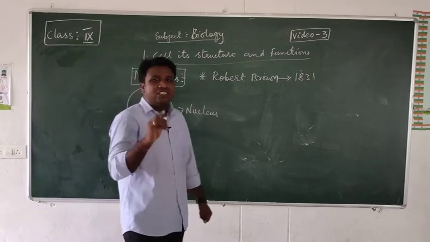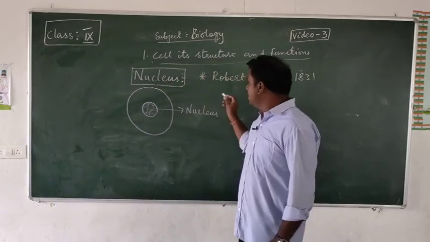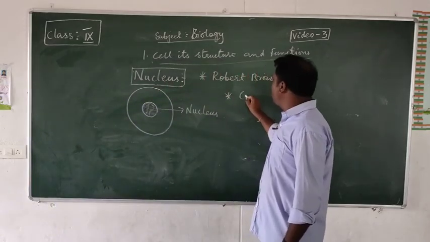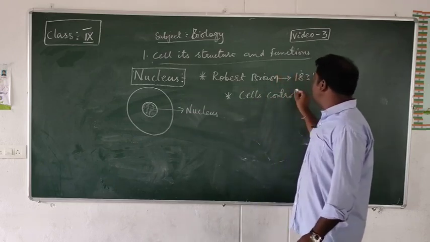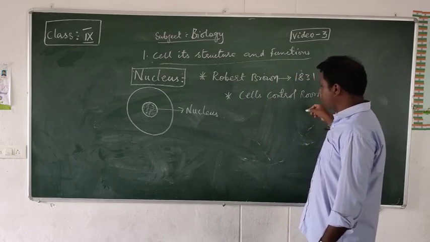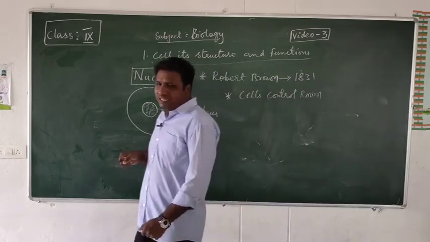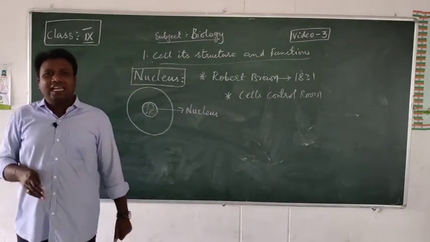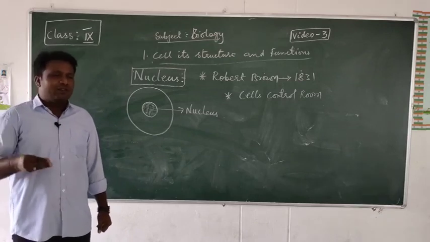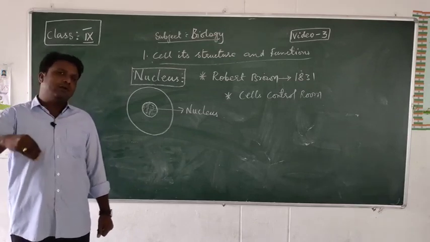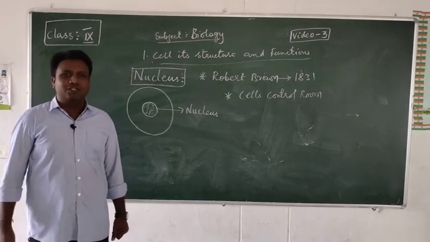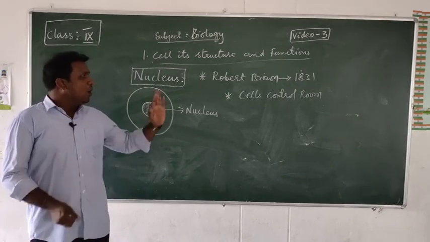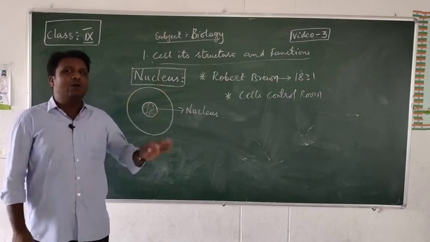This nucleus is called the cell's control room. Like a head, just as you are under the control of your parents, and your parents try to control you, in the same way this nucleus controls all the cell organs.